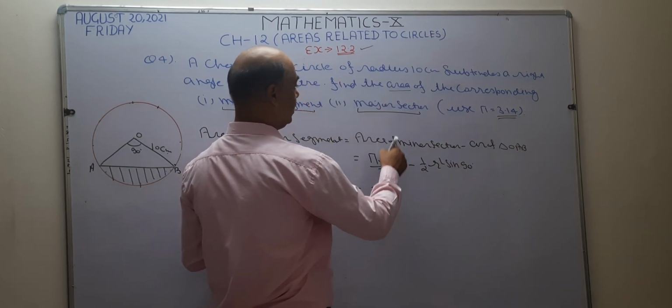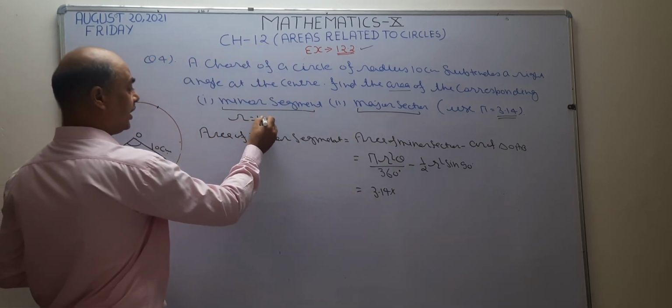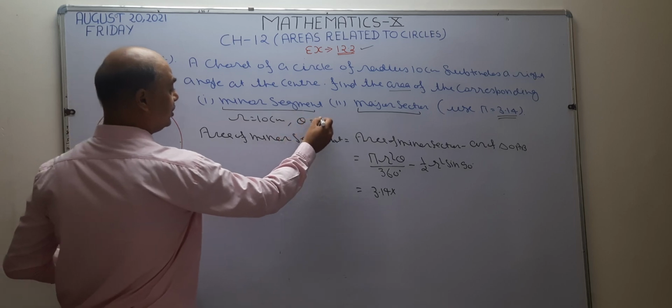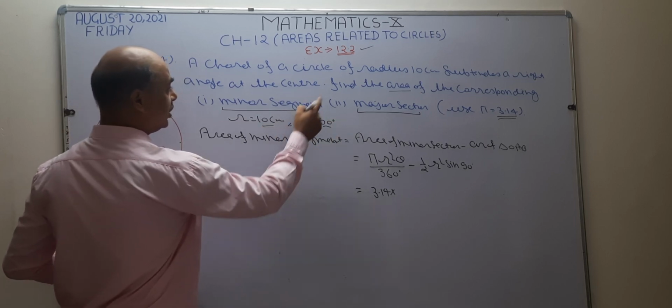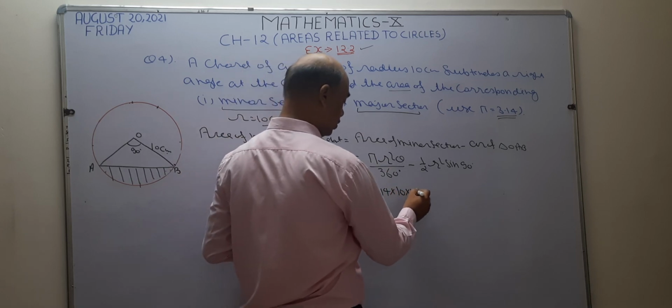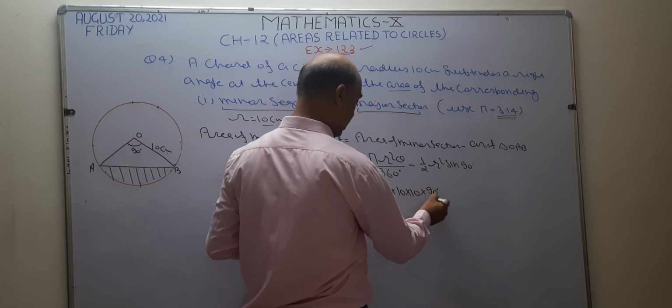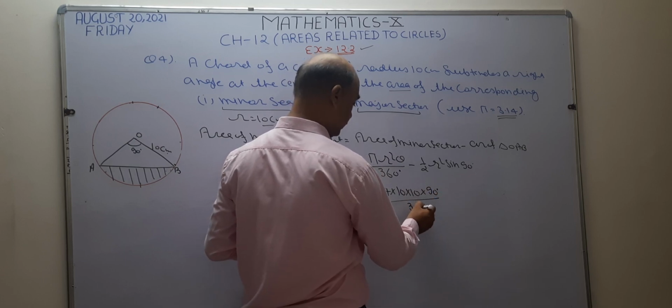The radius in this question is 10 centimeter and theta is 90 degree. So instead of r, I write 10 squared, and theta becomes 90 degree upon 360 degree.